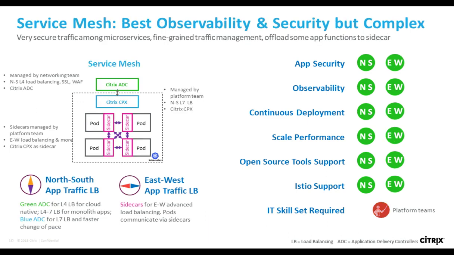Next one, we move to the north-star architecture, which is the service mesh. There has been a lot of discussion in the market today about service mesh. Many of the architects are really considering this as a north-star architecture. It has emerged as one of the most sought-after architectures in the last 2 years.